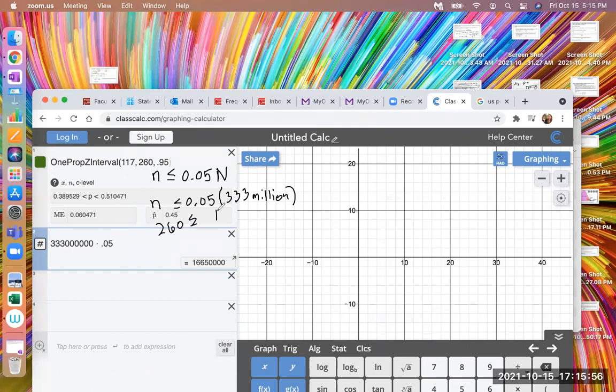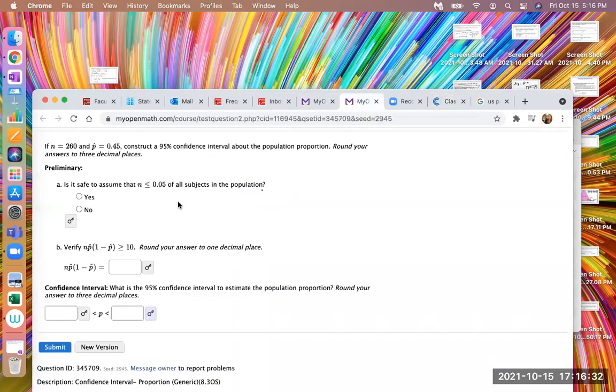They don't really tell us, but if our population, like in many of these problems, is the whole United States, then our sample size is definitely smaller than 5% of the entire population. It's kind of a silly question for them to ask, because they should give us the actual number for the population, which they don't in this problem. If they don't give you enough information, I would just say yes for this first part.